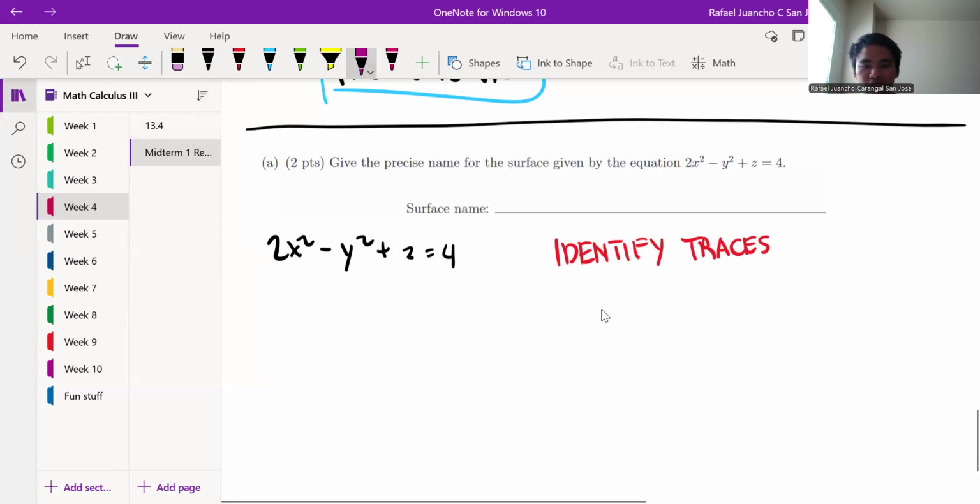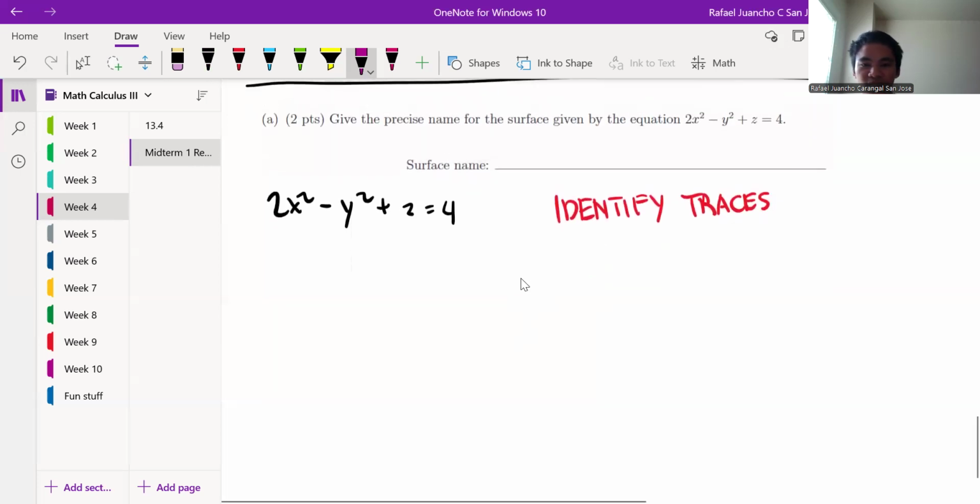So the idea is if we take out one of the variables, what would the equation look like? If we make one of them 0, what would the other look like in the 3D space, right? So let's say we take out the x. If we take out the x, then we're in the yz plane. So in the yz plane, what's that going to be?